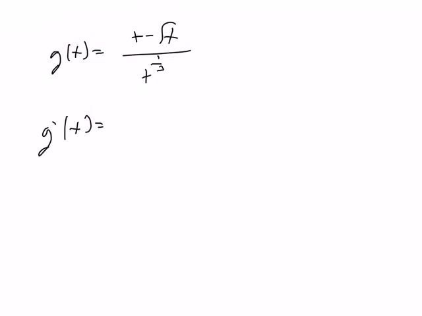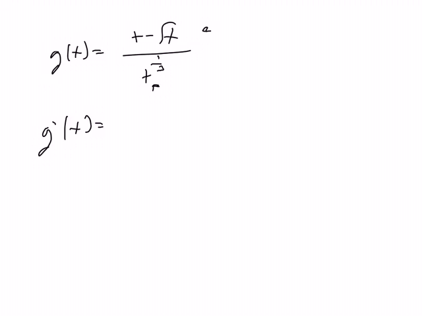Next problem is problem 34, which is g of t equals t minus the square root of t over t to the 1 over 3. So g prime of t, again, we can just use the quotient rule.